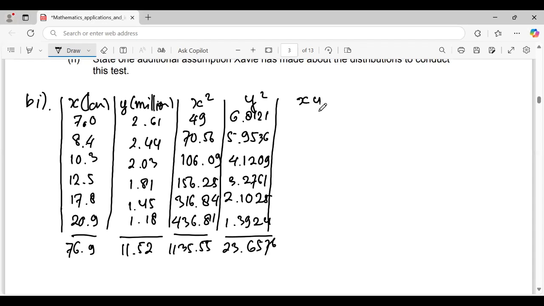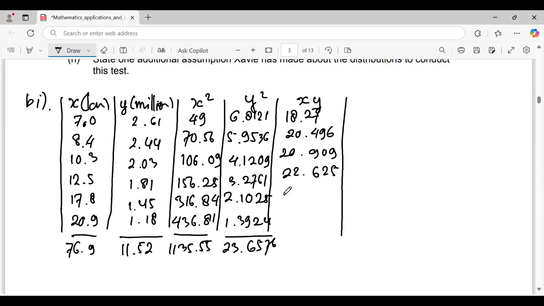After that, x times y. 7.0 times 2.61 and so on: 18.27, 20.496, 20.909, 22.625, 25.81, 24.682.